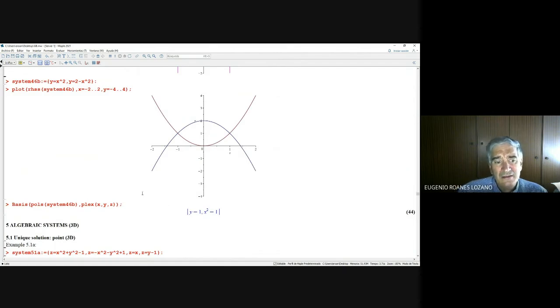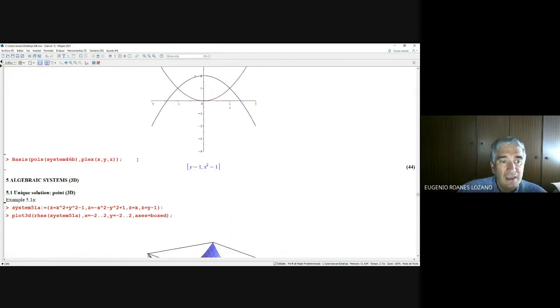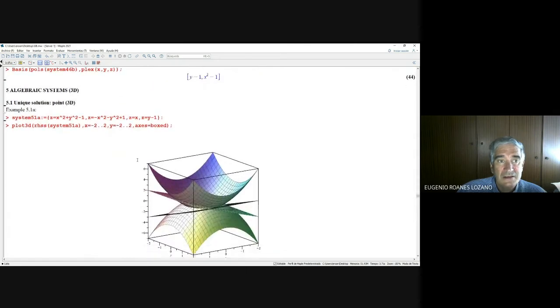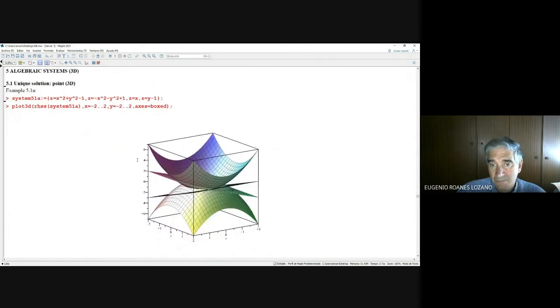And again, the 3D case is a bit more complex. We have cases when there's a unique solution. For instance, here we intersect these two elliptic paraboloids and two planes, and there's a single intersection point here.